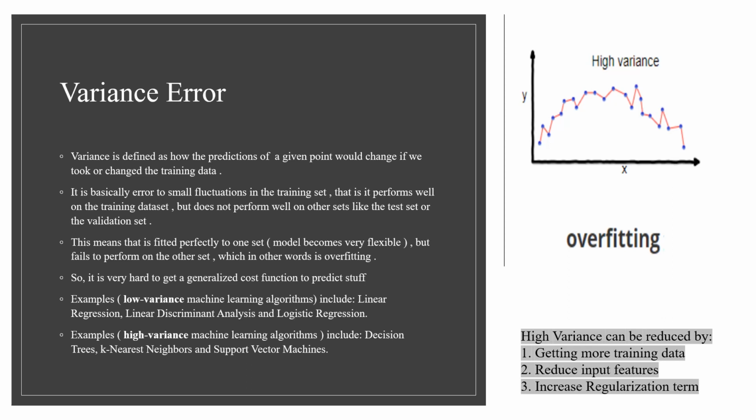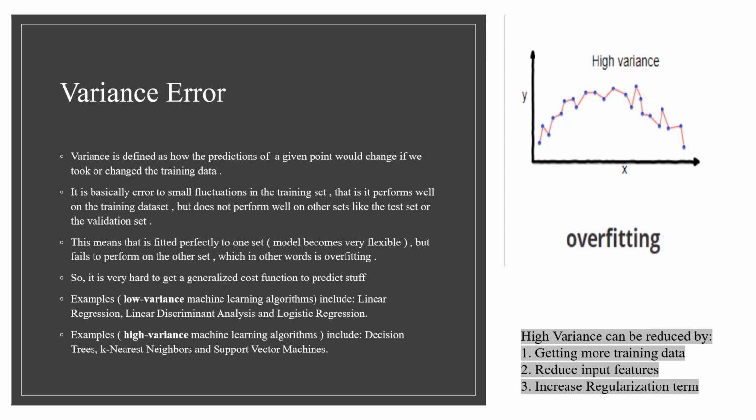Then we come to variance error. Variance is defined as how the prediction of a given point would change if we changed the training data. So it's basically the error due to small fluctuations in the training data set. If you change something in the training set, then how well your machine learning model performs, that's the variance error.